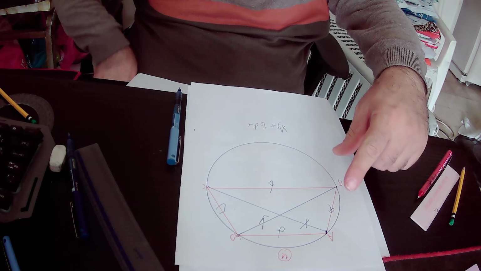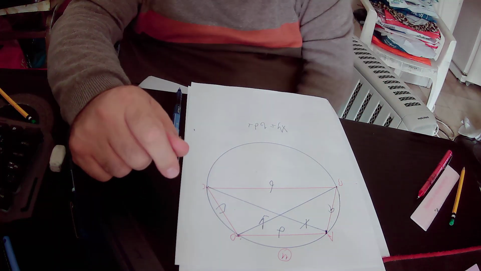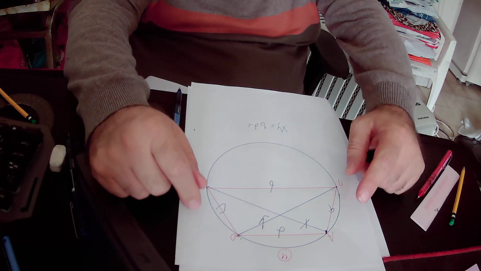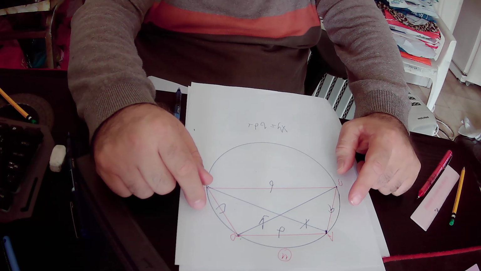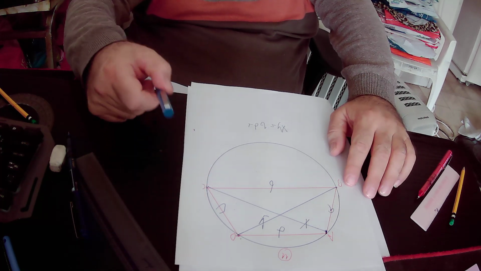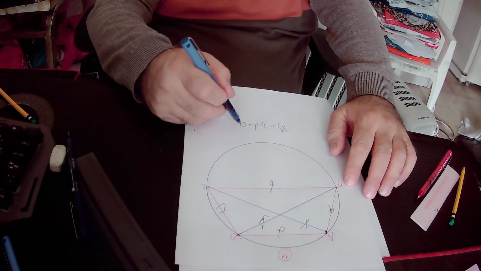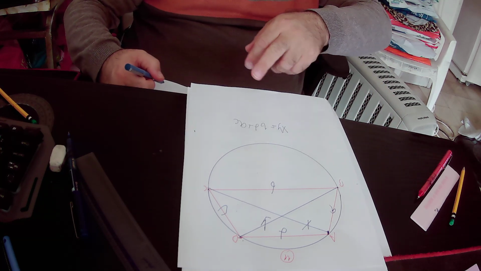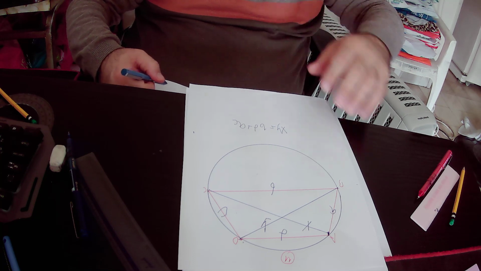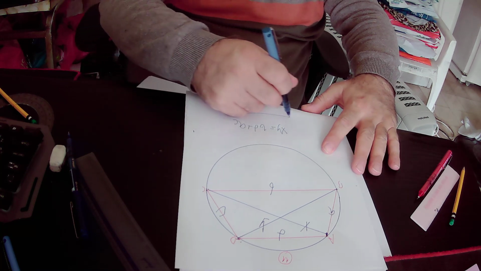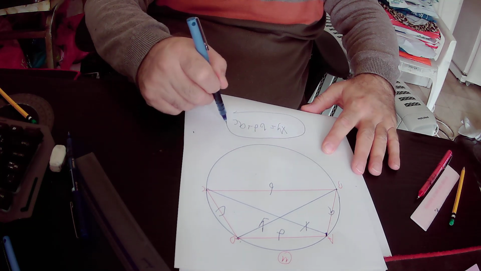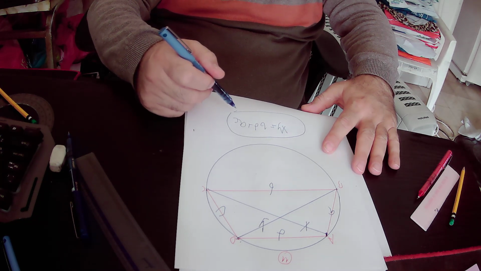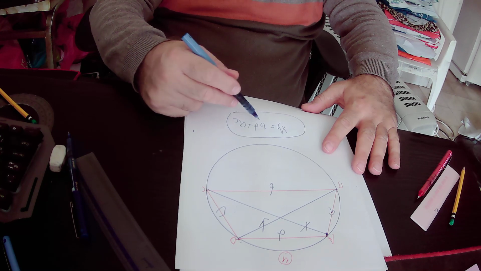Side AB is opposite to side CD, and the product of those opposite sides is actually A times C. The sum of the products of the two pairs of opposite sides is BD plus AC, and it equals, according to rule number 3, the product of its diagonals, XY.